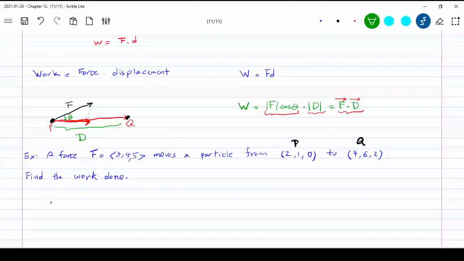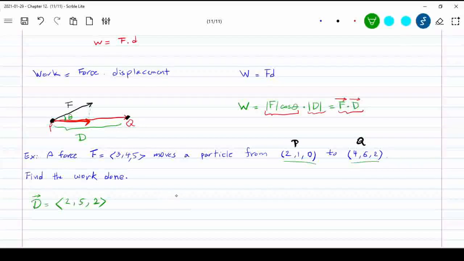So you can find out first the vector D. What is the vector D? The vector D would be the difference between these two points, the terminal minus the initial. So it should be 4 minus 2, which is 2, 6 minus 1, 5, and 2 minus 0, 2. This is the vector D. These are points, by the way, you see parentheses.